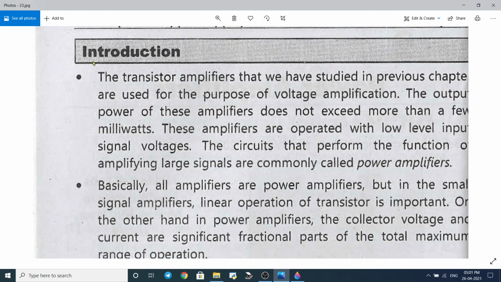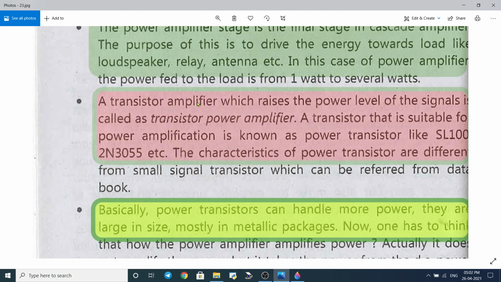Let us see the first point, that is introduction to this chapter. A transistor amplifier which raises the power level of the signal is called a transistor power amplifier.